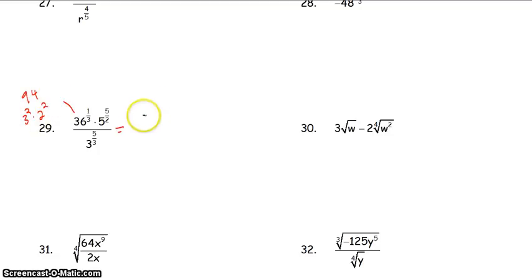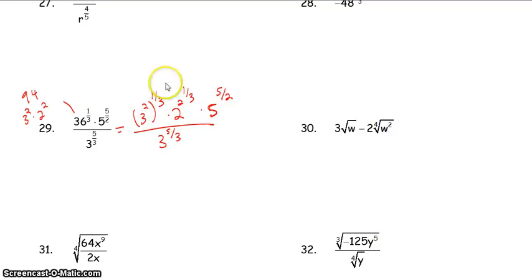So I can turn this into 3 squared to the 1/3 times 2 squared to the 1/3 times 5 to the 5/2, and then all over 3 to the 5/3. I'm sorry, that's to the third, or 5/3.